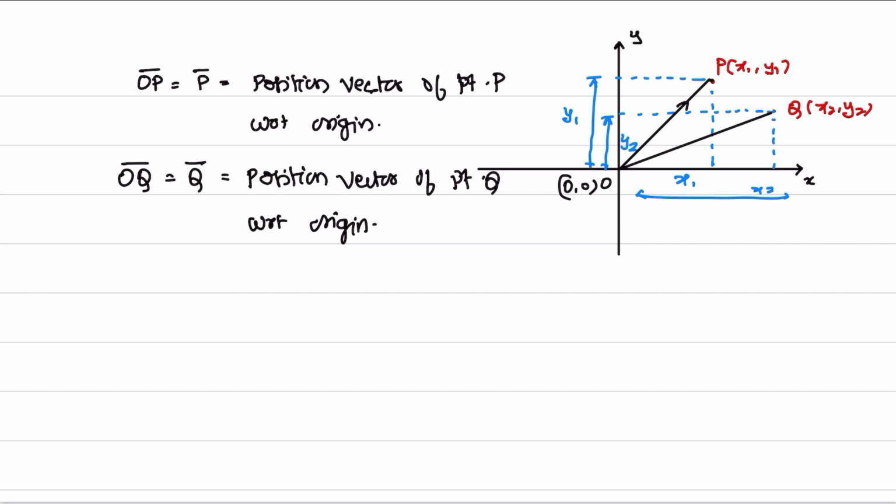OP and OQ are the magnitudes, and the vectors OP at an angle of theta 2 and OQ at an angle of theta 1 with respect to the positive x-axis. OP and OQ can extend either side; they are vector directions.